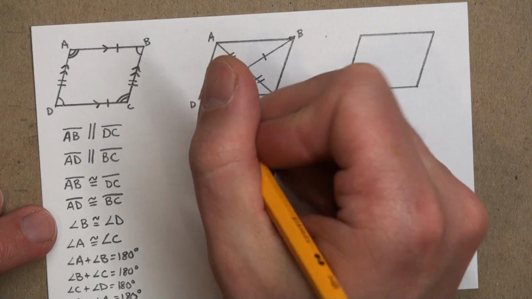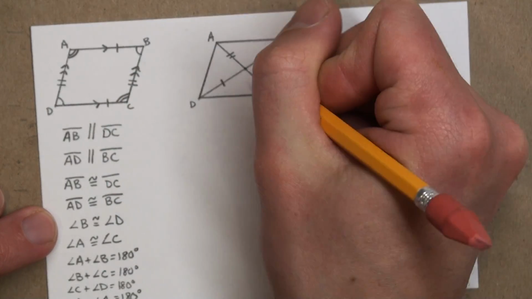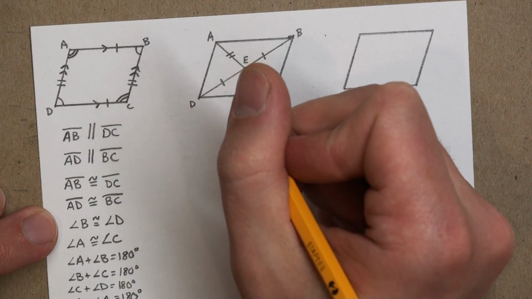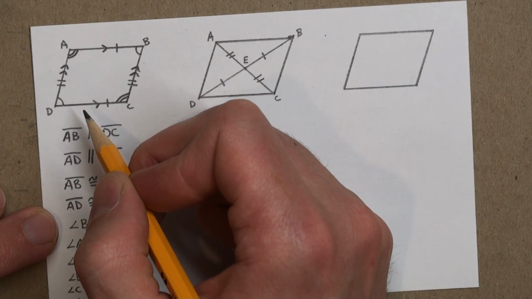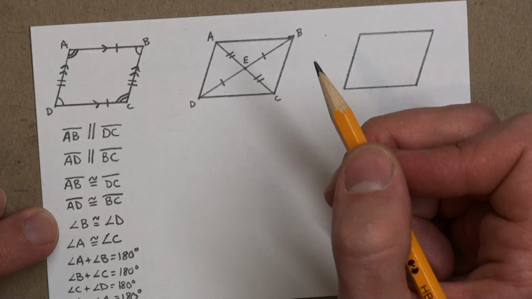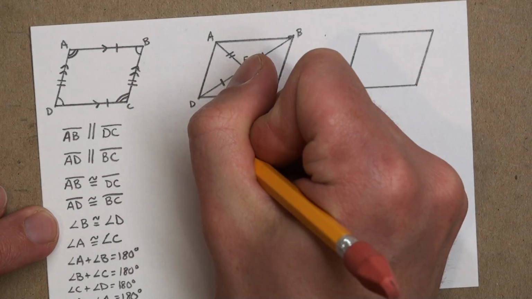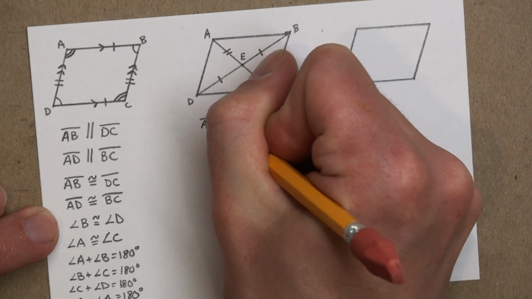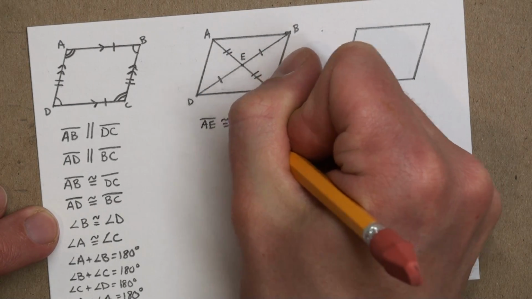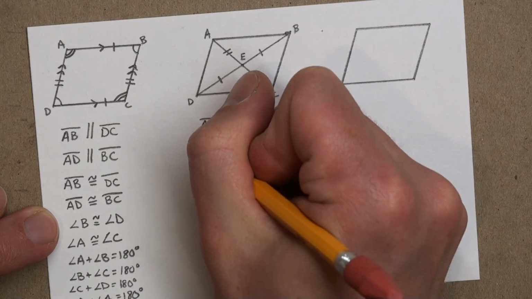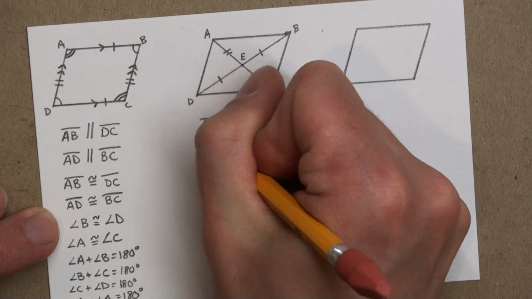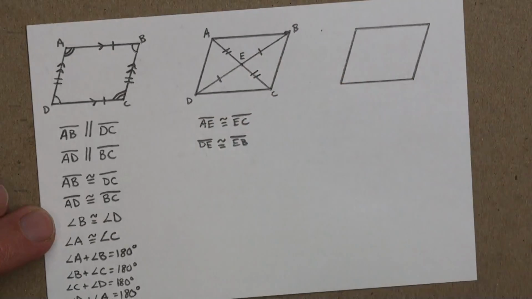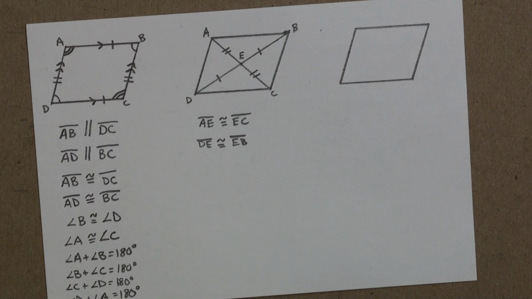Let's call this point right here E. I could have even drawn this on the first picture, but that would have gotten confusing with the angles. So we could say AE is congruent to EC, and DE is congruent to EB. Alright, the diagonals bisect each other.